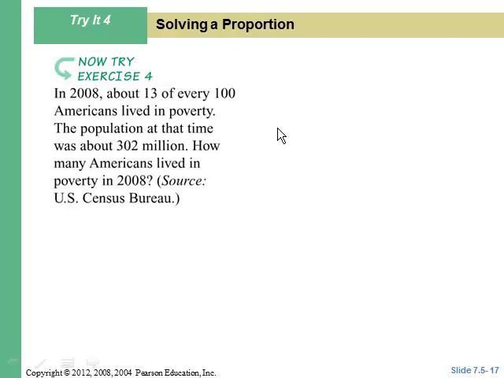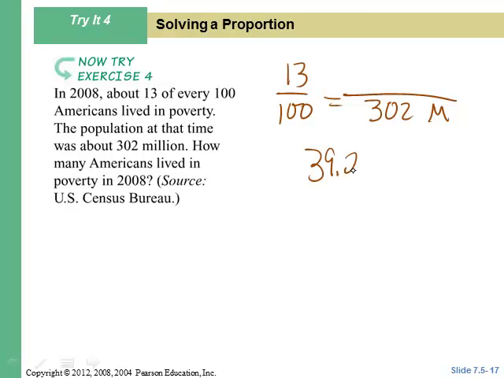Next one. 13 of every 100 lived in poverty. There were 302 million. How many lived in poverty? So 302 times 13 divided by 100 is 39.26 million.